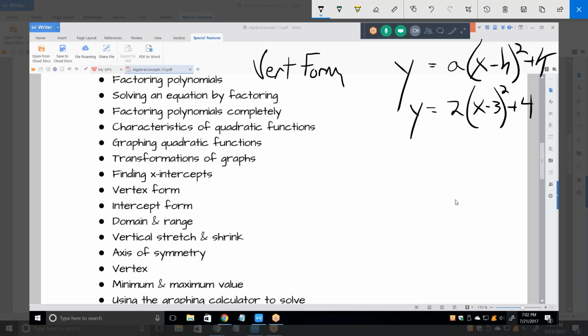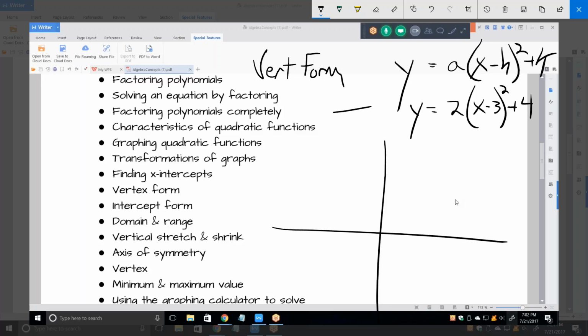Okay? So there's a quadratic function, and you can tell it's going to be a quadratic because if I were to expand that out, I'd have an x squared and I would have some number of x, and I would have a number. So it would end up fitting the definition of quadratics. Why is it called vertex format?